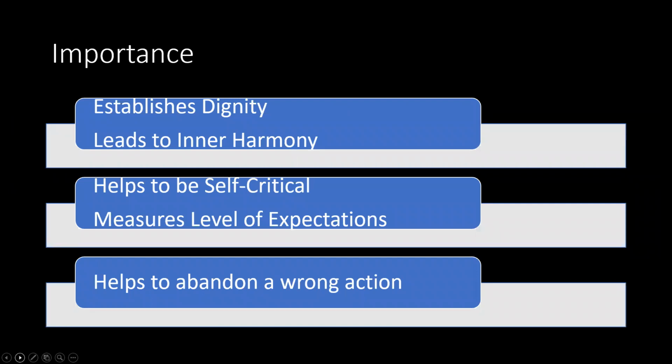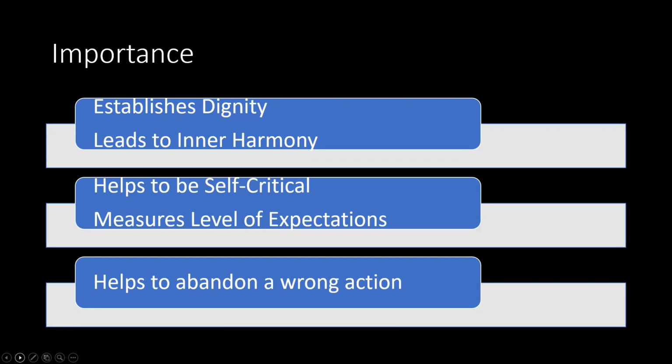What is the importance of this self-appraisal? It is necessary to establish dignity. It helps every individual to identify his value system and its importance in the organization. By doing so, his moral satisfaction improves.